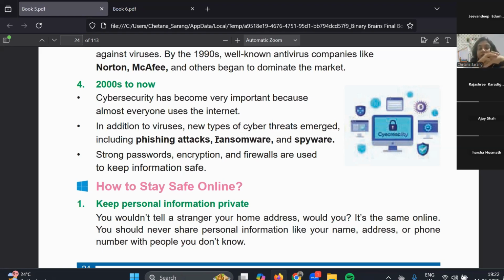And spyware. Spyware is a wrong software that gets installed in our devices unknowingly. It is checking all our activities and passing information elsewhere, and one will be rightly trapped when there is an opportunity. So that's why they say do not download any random apps from the Play Store.